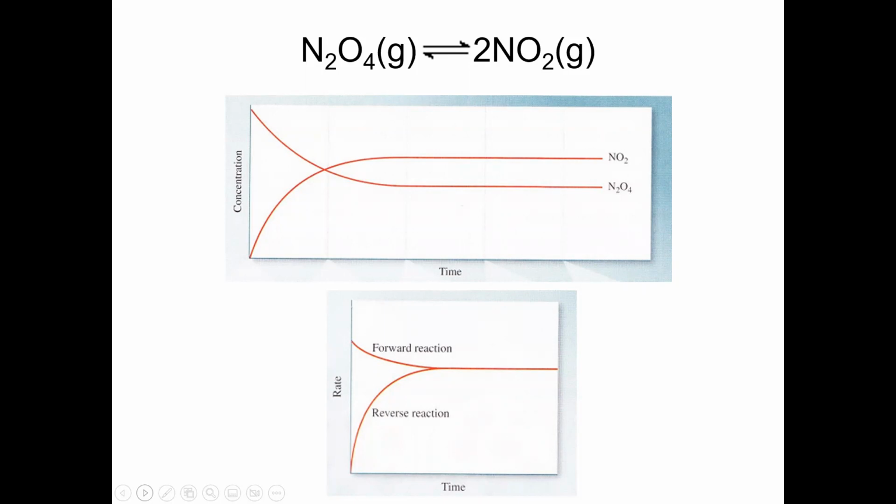The forward reaction is going half as fast as the reverse reaction is. So the reverse reaction is going to end up having a larger reaction rate because we're using more of it. So that's one reason that you notice that the two lines cross over when we're comparing concentration versus time, because we're going to be using up twice as much nitrogen dioxide.